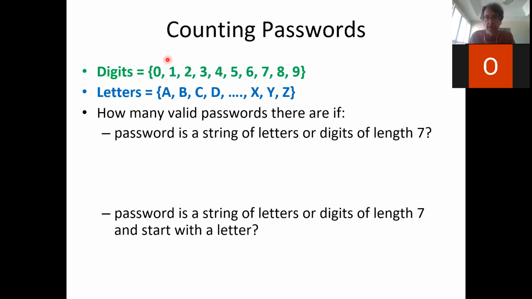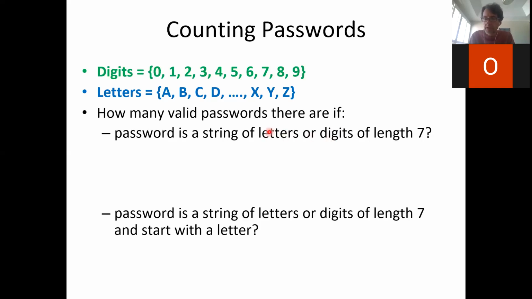So let's say that the password is a string of letters or digits of length 7. This says that it is any string of 7 characters, where each character is either a letter or a digit. It doesn't say that you have to have any digits.